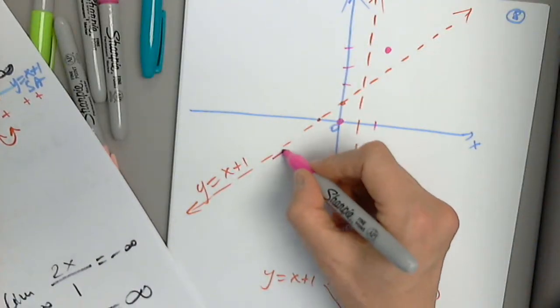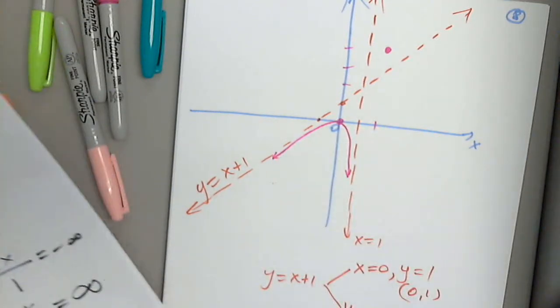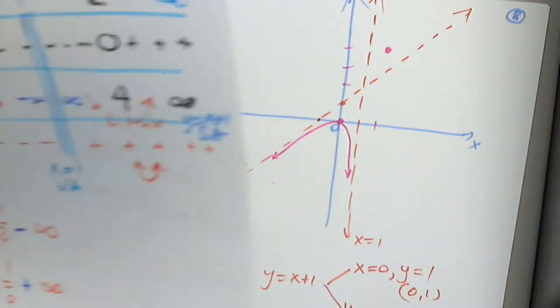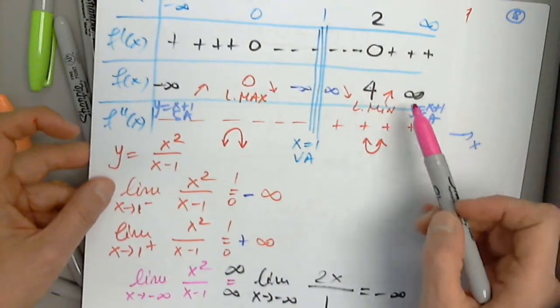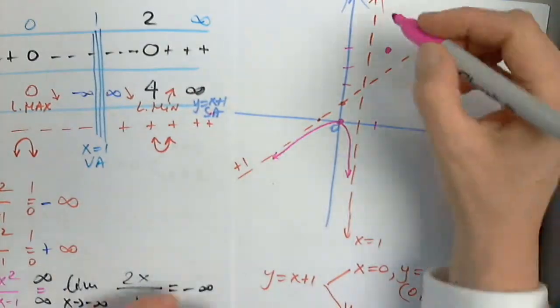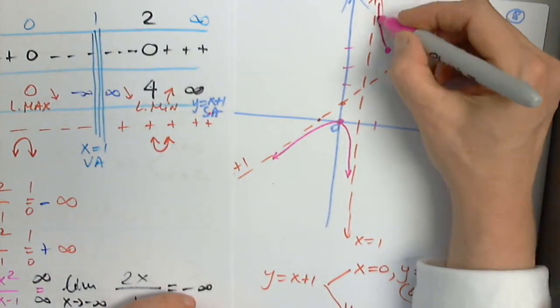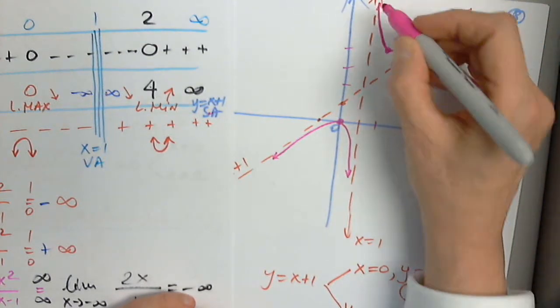No problem. On the other side, coming from positive infinity, decreasing to 2, 4, and going to infinity, approaching the slant asymptote. From infinity to the minimum, and approaching the slant asymptote afterwards.